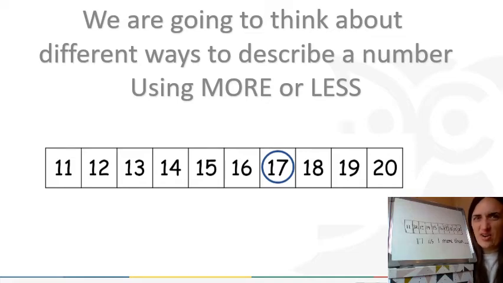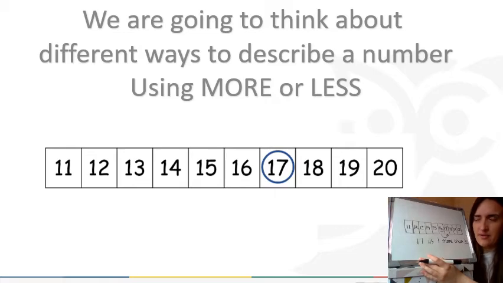To do this, I'm going to have to think really carefully and think, where did I jump from to make 17 one more than? Actually, I started at 16, didn't I? And I jumped forward, and 17 is one more than 16. So 17 is one more than 16.